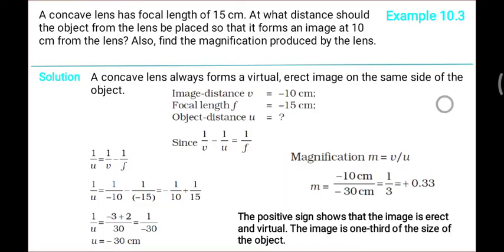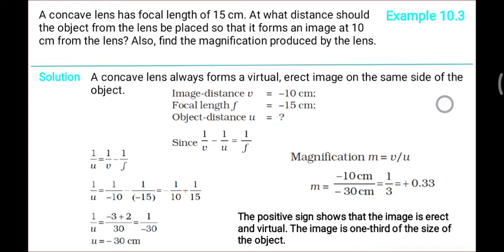You can calculate the examples 100% correctly when you are clear about all the scenarios we have seen. Because in the example it's not hard, you just have to put the numbers in the mirror formula and the lens formula, take the LCM and do the sums and subtractions. So this is not a great task for a 10th class student.